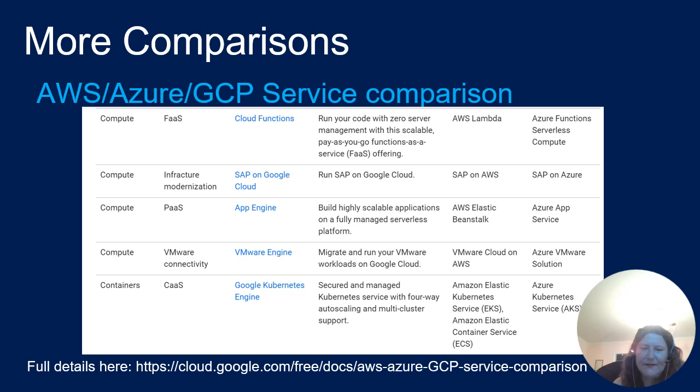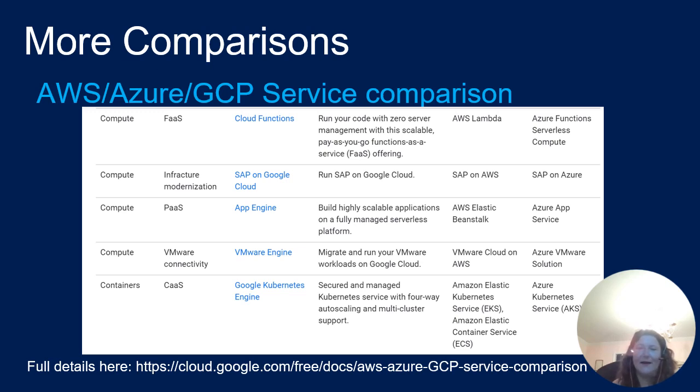So here we have some comparisons of the three clouds. In the compute area, all three clouds have function as a service, which is basically allowing for functions to run in the cloud, which are very small pieces of cloud functionality, triggered typically by other services or by timestamps.